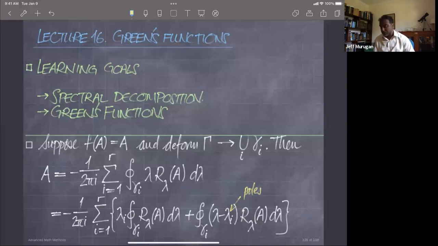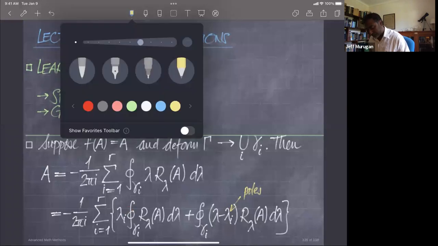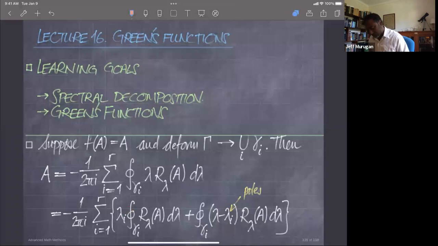Okay, and all I've done is add and subtract a lambda i there, and then I've grouped them individually. Well, the first term, this guy here, including this minus 1 over 2 pi i, is nothing but the projections that we've been working with to date.